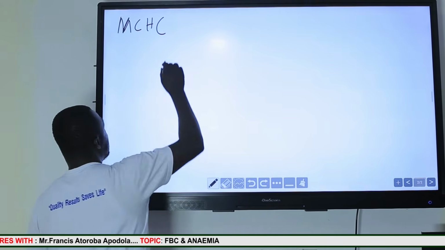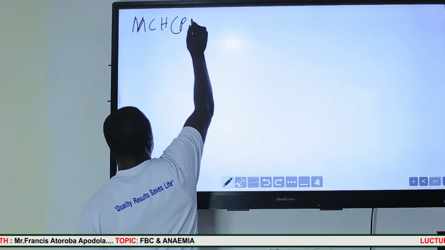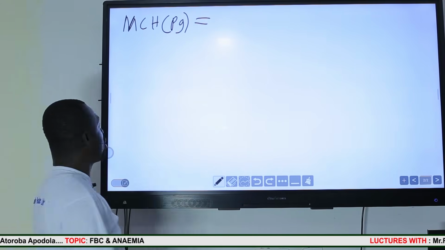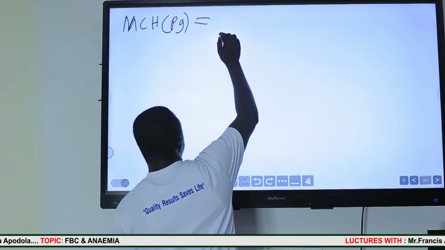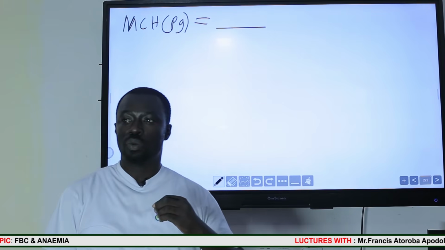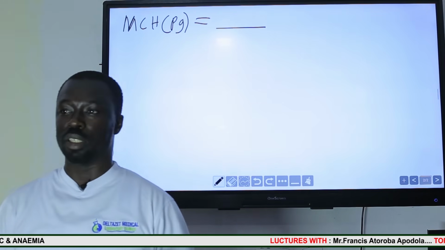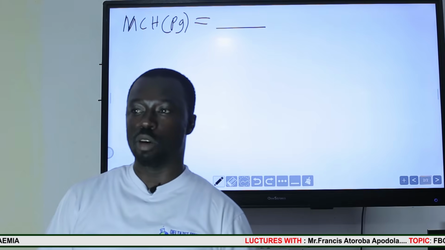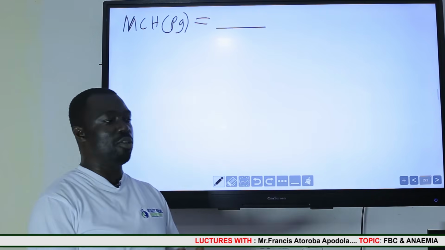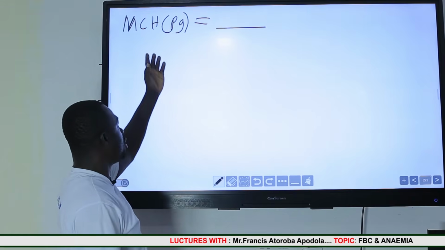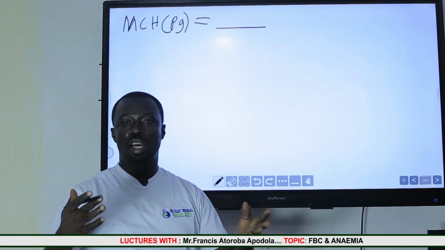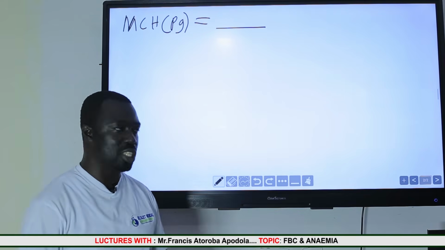So the next parameter is MCH, which is reported in picograms. The MCH is the mean cell hemoglobin, and the mean cell hemoglobin is a measure of the amount of hemoglobin contained in the RBC of the patient.